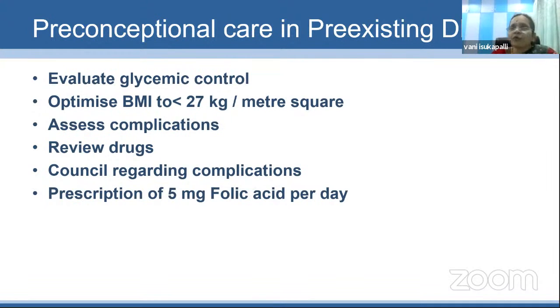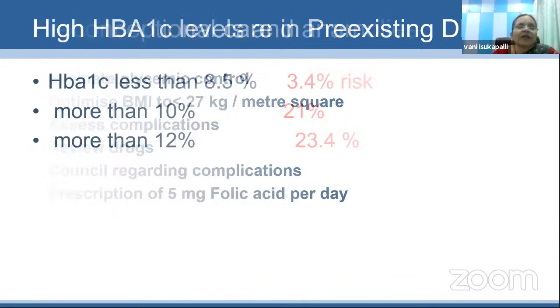We need to review what oral hypoglycemic drug she is taking, or what insulin she has been using, or any other additional medication. Any complications also need to be counseled. And right from the preconception, she needs to take folic acid 5 milligrams per day.